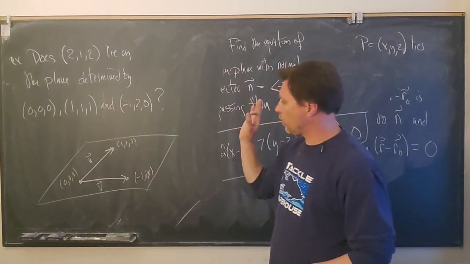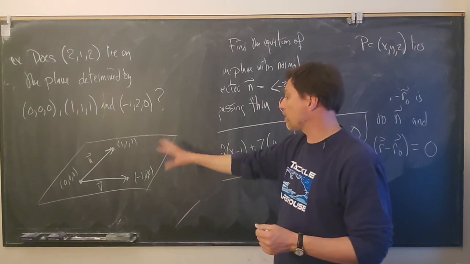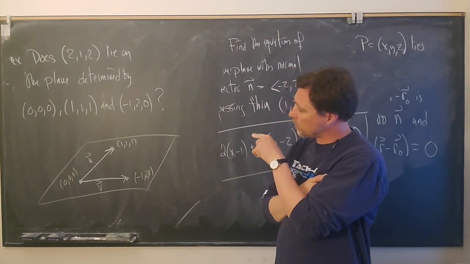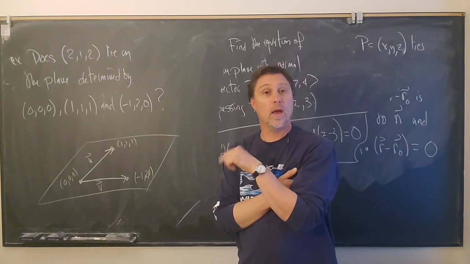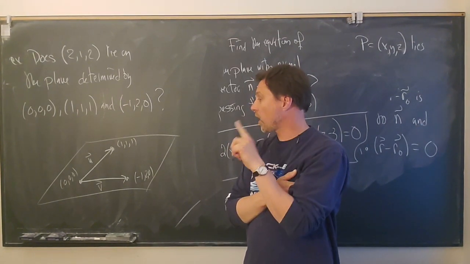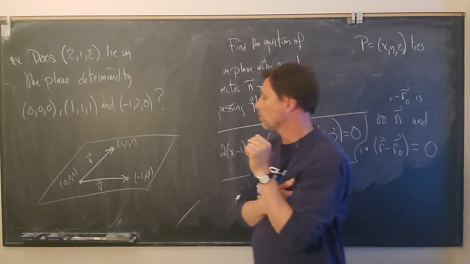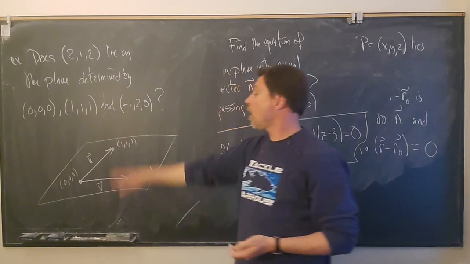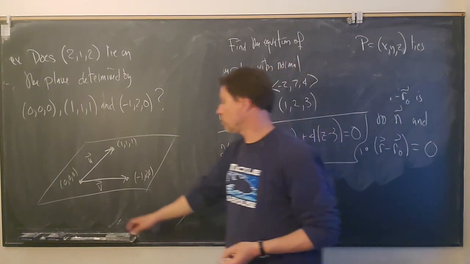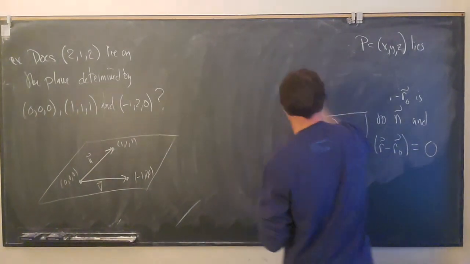If we want a vector that's orthogonal to every vector in the plane, it needs to be orthogonal to u and v, and we have a way to compute a vector that's orthogonal to both u and v. So to find a normal vector, all we need to do is compute u cross v. That will give us a normal vector.